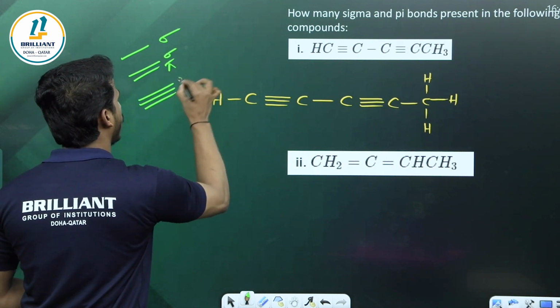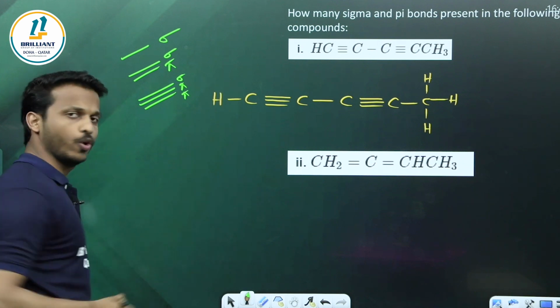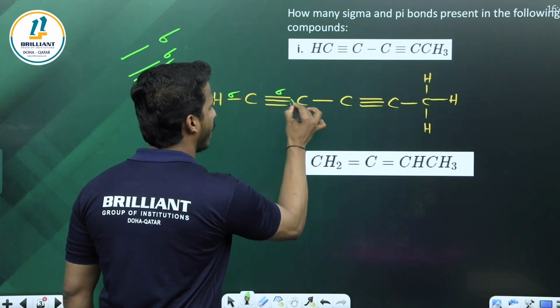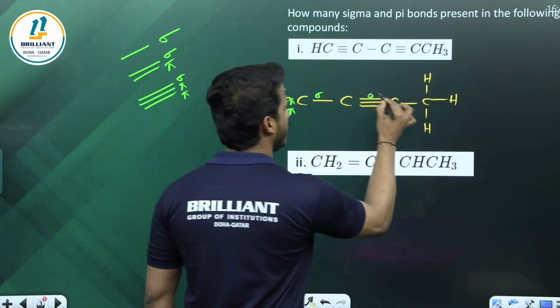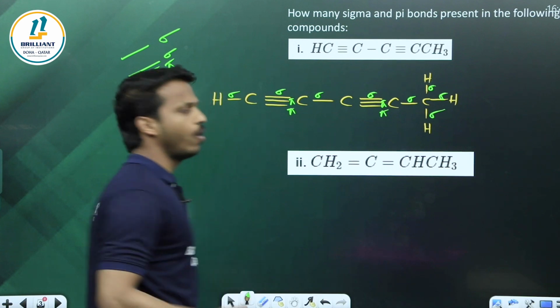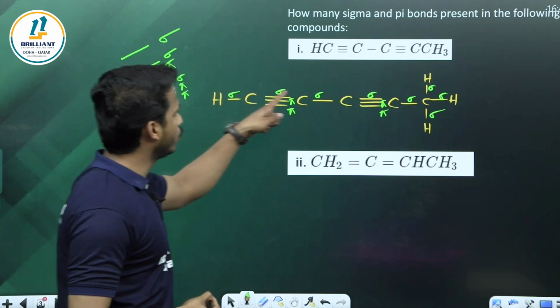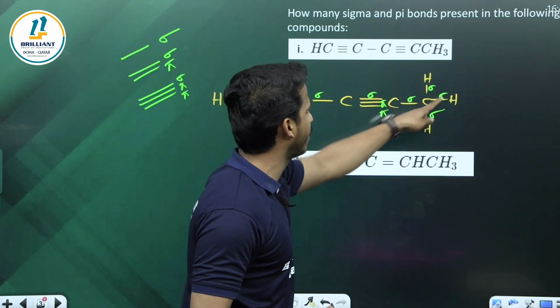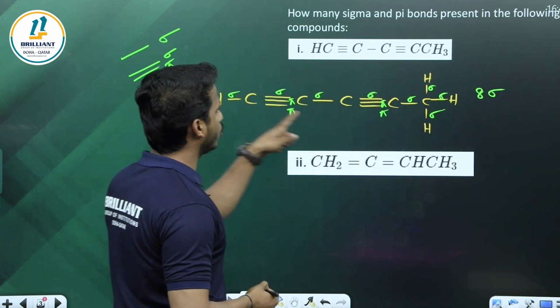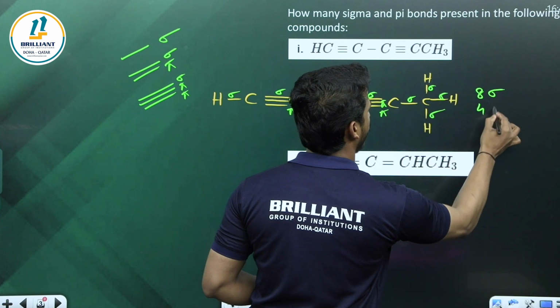In a triple bond, 1 sigma and 2 pi. Correct, right? So let us find: this is sigma, pi, pi; this is sigma, pi, pi; sigma. All are sigma, so 1, 2, 3, 4, 5, 6, 7, 8. There are 8 sigma bonds and 1, 2, 3, 4, there are 4 pi bonds.